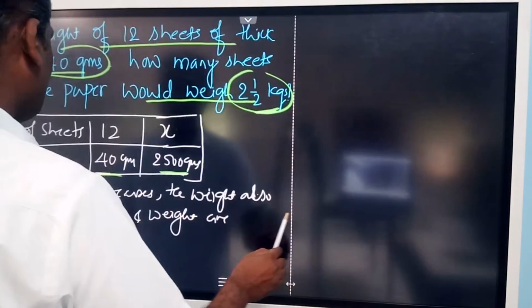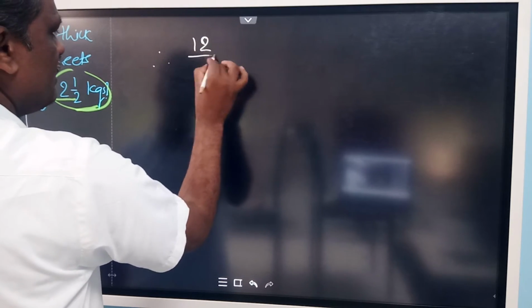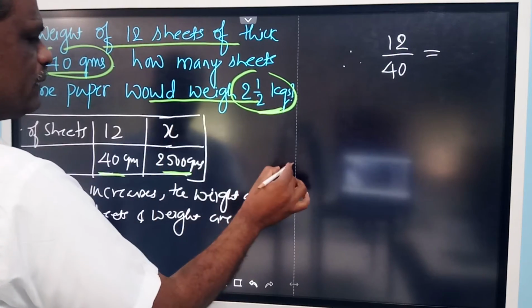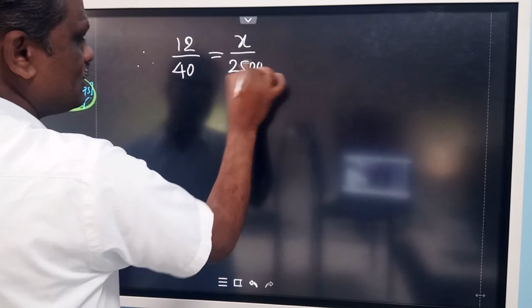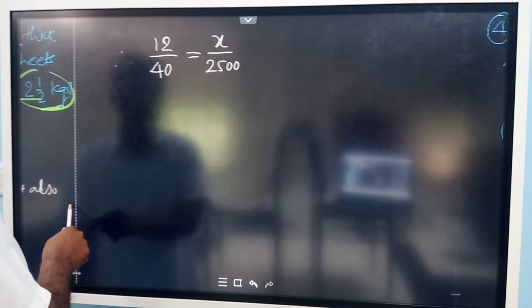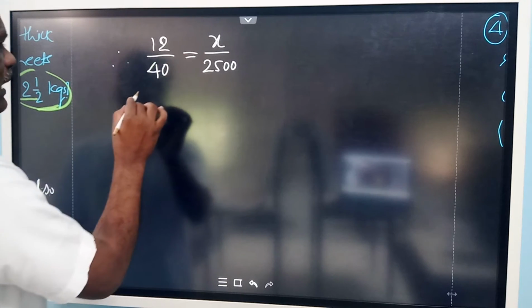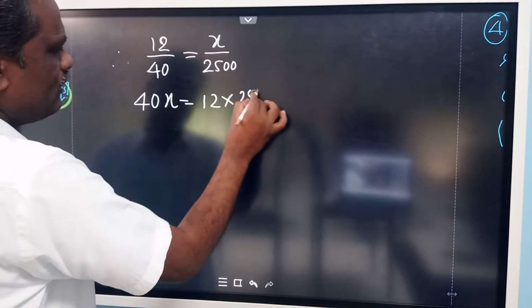So 12 by 40 grams must be equal to x divided by 2500 grams. Since it is in direct proportion, you can write the ratios as the same. Now you can cross multiply: 40x is equal to 12 into 2500.